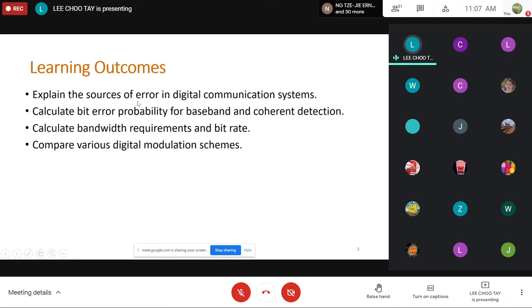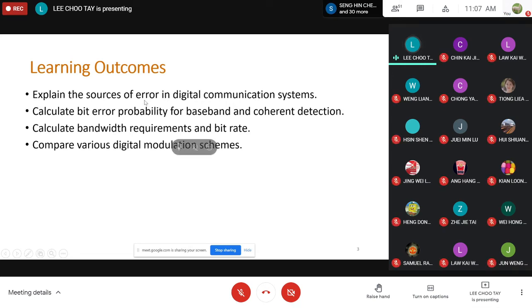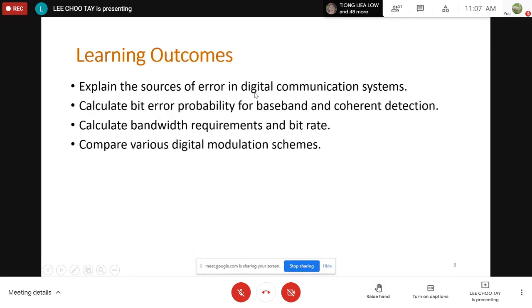So the learning outcomes for this chapter are as follows. First, you need to be able to explain the sources of errors in digital communication systems. Then you need to be able to calculate the bit error probability for baseband as well as coherent detection.